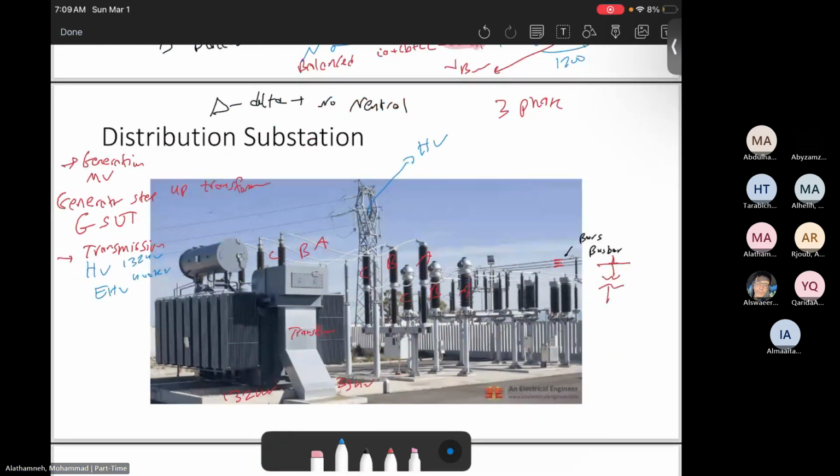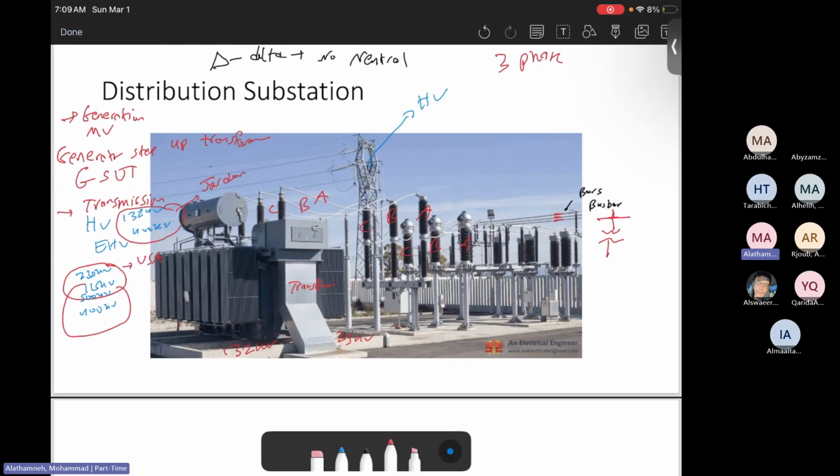However, in different parts of the world, we have other voltage levels like 230 kilovolts and 115 kilovolts, and in the United States we have 500 kilovolts and 400 kilovolts. While in Jordan, we have 132 and 400 kilovolts. This is associated with high voltage and extra high voltage.